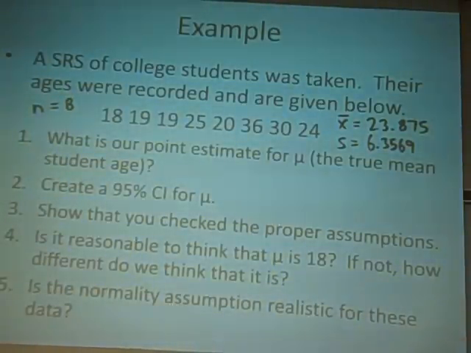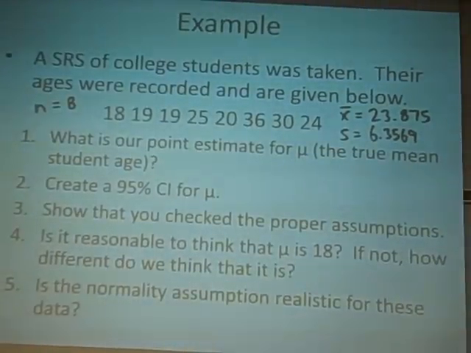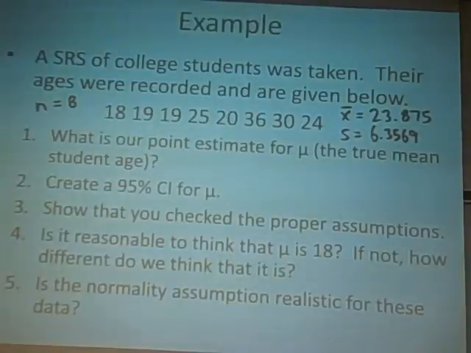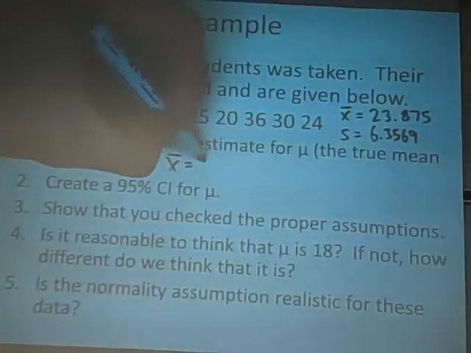I used the computer here. I can show you how to do it in Stata. I can show people how to do it in SPSS. You can use your TI to get all these at once. So right now, let's just do it this way, and then we can maybe do another one where we talk about how to actually get those values. I'll show you a bunch of different ways to do it. So what's the point estimate? That's just x bar, which is 23.875.